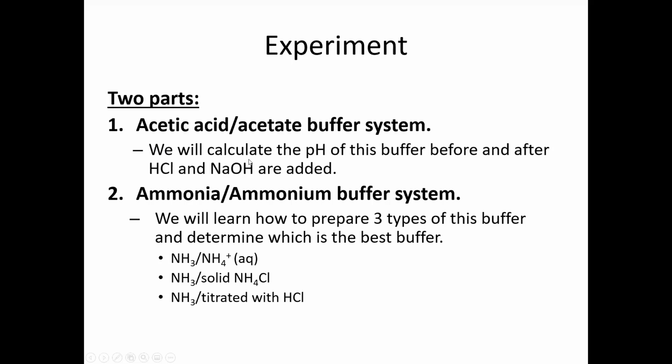We'll determine the pH after we add HCl and the sodium hydroxide. And the second part of the experiment will be to prepare the ammonia and ammonium chloride buffer system, and we'll determine which buffer is best in terms of resisting pH change.